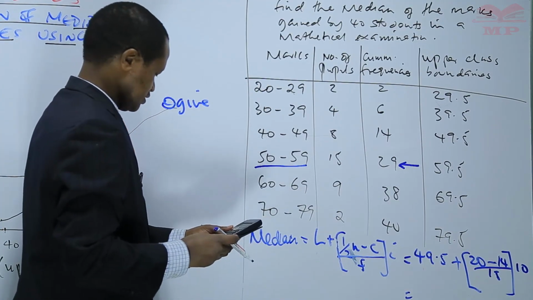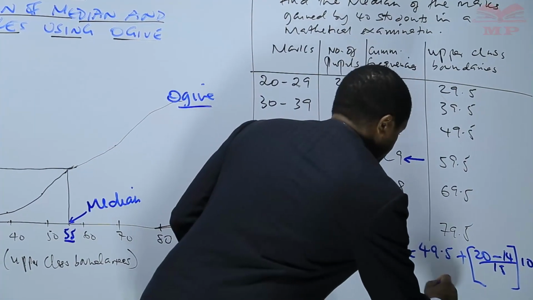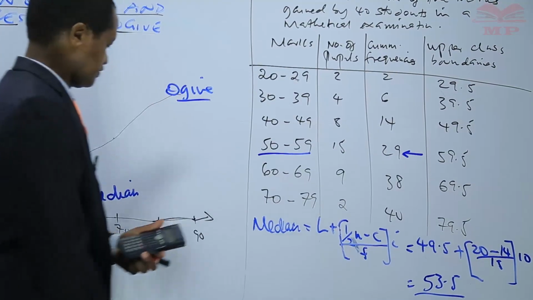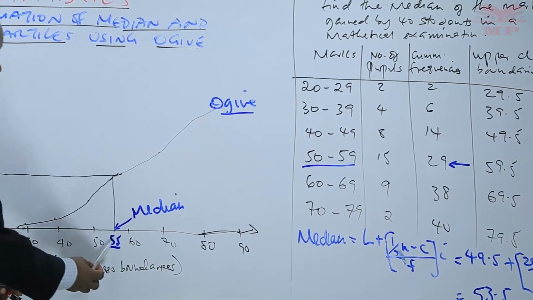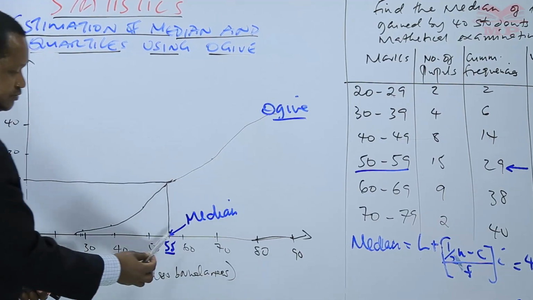So the median here is 53.5, and the one from the graph is 55, which is almost the same.